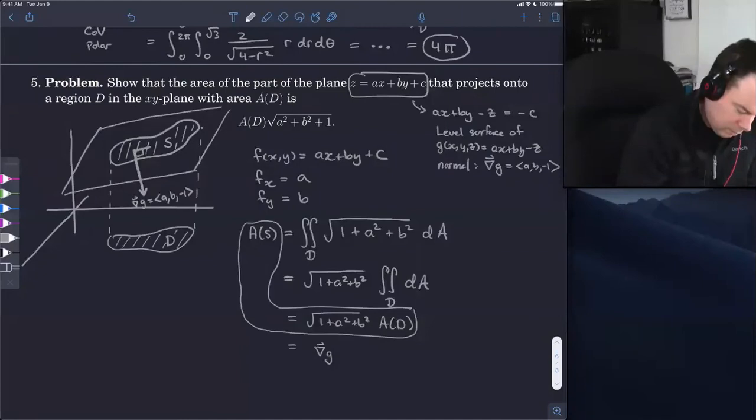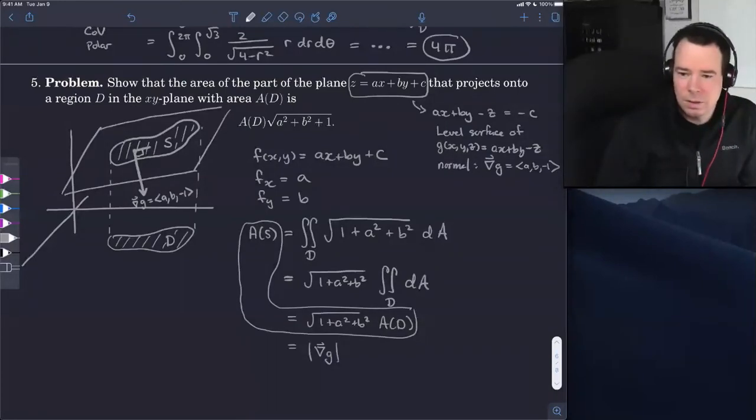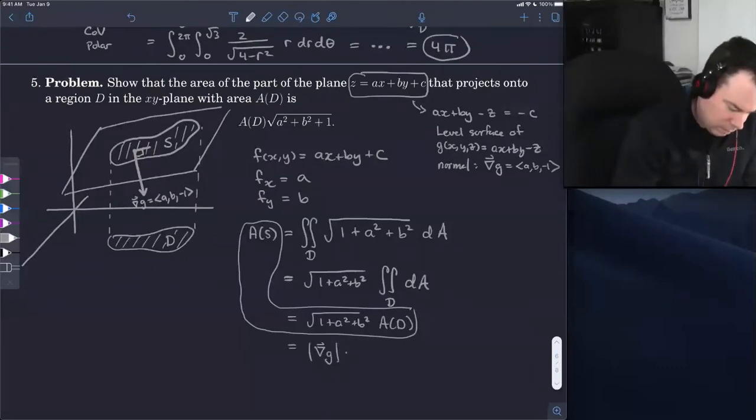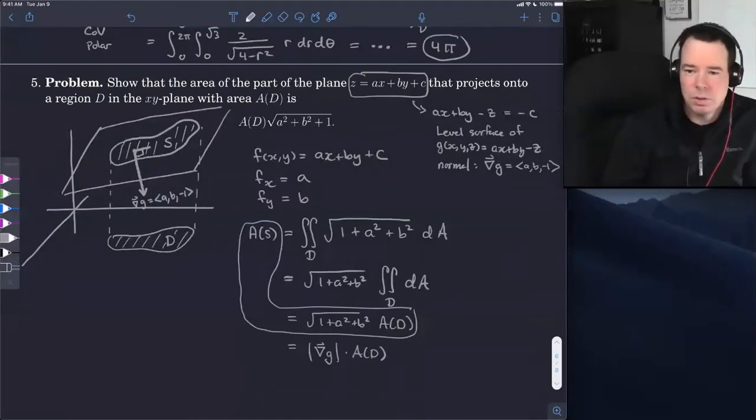And we see that this is just now the length of the gradient to that surface times the area of D. So that's really what that formula is saying, is that the area of the region on the surface is related to the area of its projection by the normal vector to the surface, in other words, the gradient.